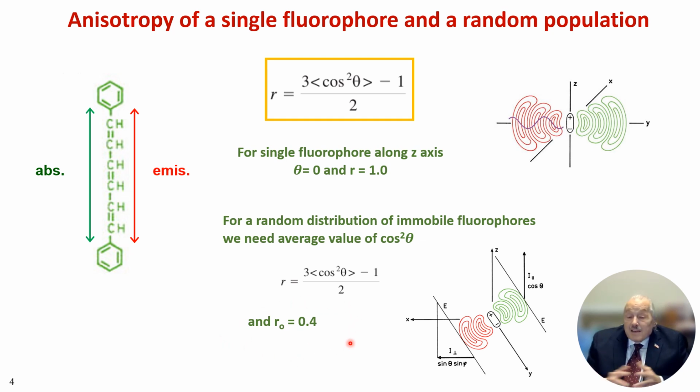So that's where this magic number comes from. It is purely a result of the cosine squared photoselection that we described in the previous lecture. So there is nothing atomic or molecular about this value at all. It's simply a result of how we're doing the measurement.